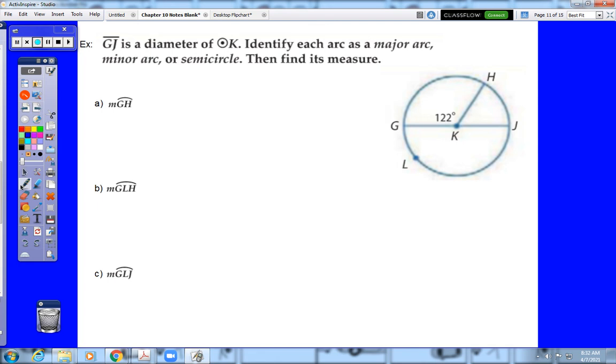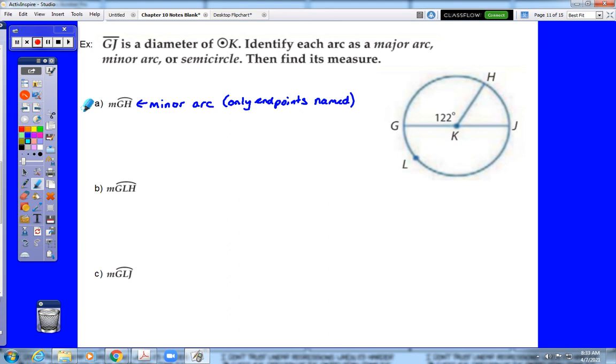Only minor arcs can be named with 2 letters. So the second that we see that there are only 2 letters there, we know that they are talking about the shortest arc between G and H, which would be the minor arc, GH.